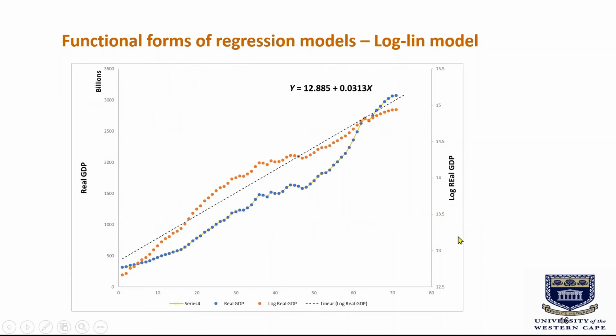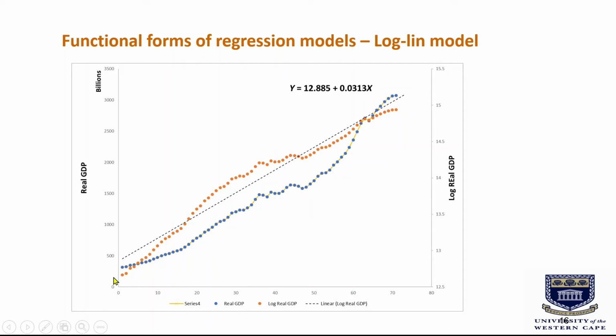All right, and here's just a graph of a log-lin model. So the blue data is associated with the scale on the left. This is real GDP measured in billions of rands, right? So it ranges from under 500 billion to about 3 trillion, similar to the data you have in your assignment, but I think this might be a longer series. The orange series is the logged version, and that is given on the scale on the right, right?